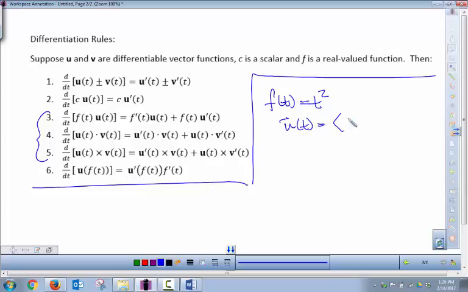We could do this in 2D or 3D, but in any case, we're going to have components. Let's make up, I don't know, should we do sine t, comma, e to the t or something? Let's keep it in 2 dimensions, but you can easily take this to 3 dimensions if you want.